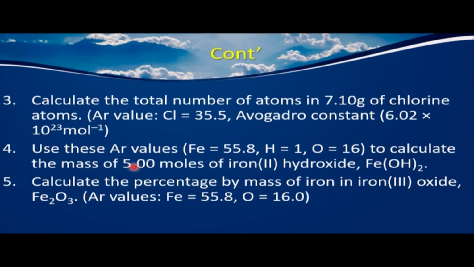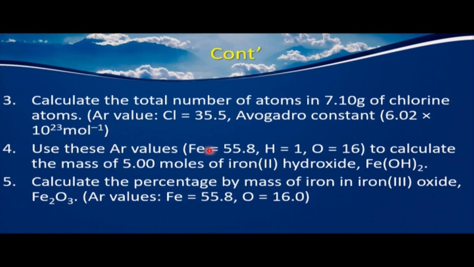Do we have molar mass? For the compound we have here, iron 2 hydroxide, we don't have its molar mass. But of course, we can compute it or calculate it if we use the molar masses. AR here means the average masses, okay? The relative atomic mass, the one we read on the periodic table.